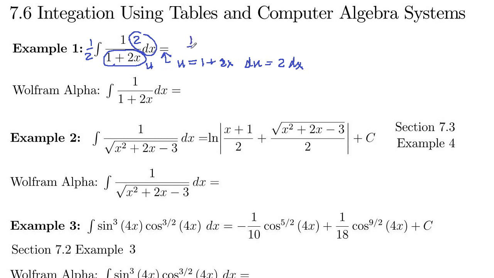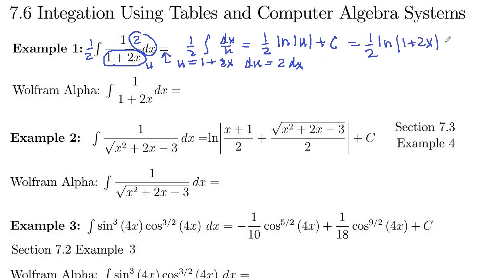This is just 1/2 integral du over u, which is 1/2, and then the antiderivative of 1 over u du is natural log absolute value of u, and then plus a constant. And we just have to plug our u back in. So this would be 1/2 natural log, absolute value of 1 plus 2x is our u, and then plus a constant.